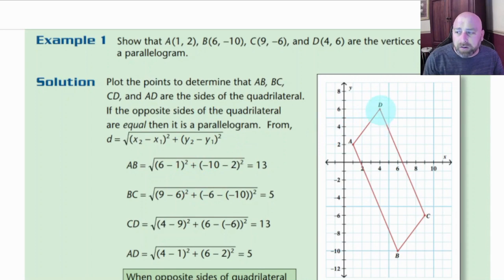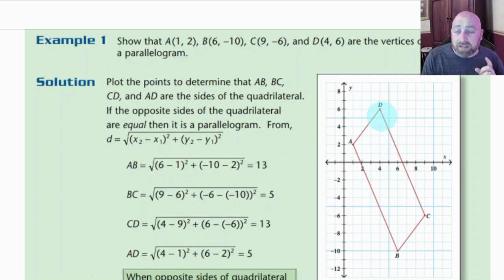Well, one of the things that makes a parallelogram a parallelogram is that the opposite sides are equal. So in other words, AD, this side right here, has to be equal to BC. AD must equal BC. If it does, then it might be a parallelogram.